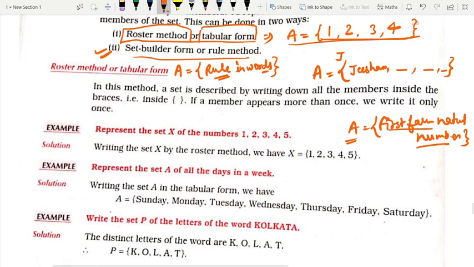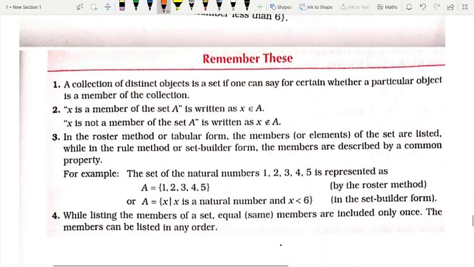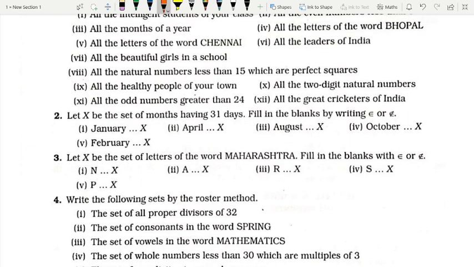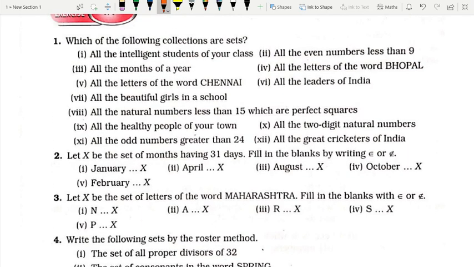Okay, now let's jump to exercise 1. Question 1: all the intelligent students of the class. Can we define all the intelligent students? We know we cannot. This is not well defined, so it is not a set. All the even numbers less than, yes, we can write it as a set.